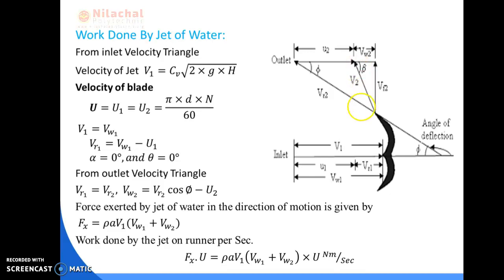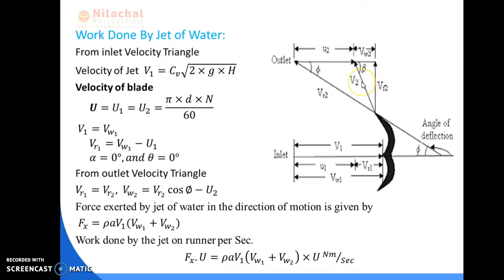Now we know that if two vectors act simultaneously at the tip, the third side will be the closing one taken in opposite order. So Vr2 and V2, the difference between the Vr2 line intersection point and the V2 line intersection point, gives us the velocity of the blade, that is U2, the velocity of the blade at outlet.